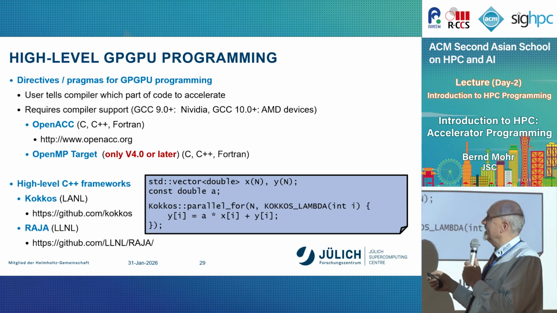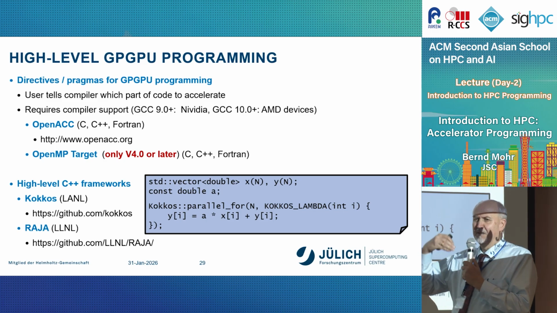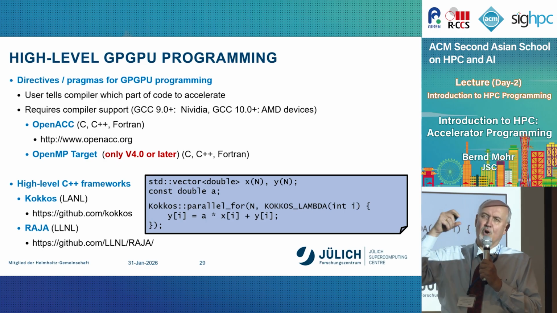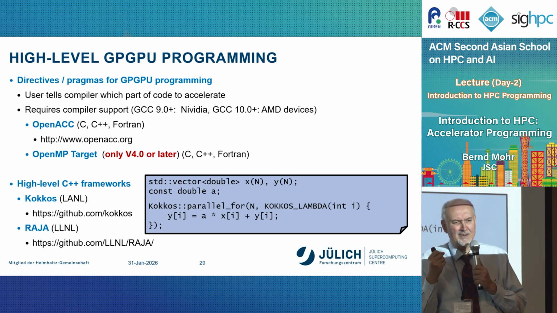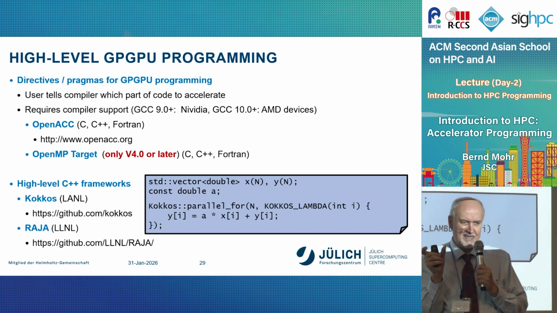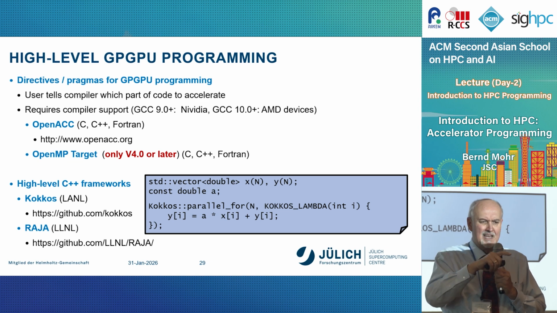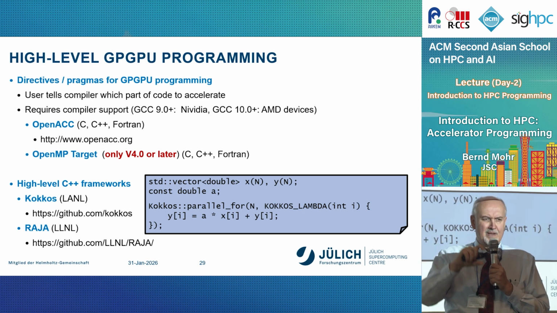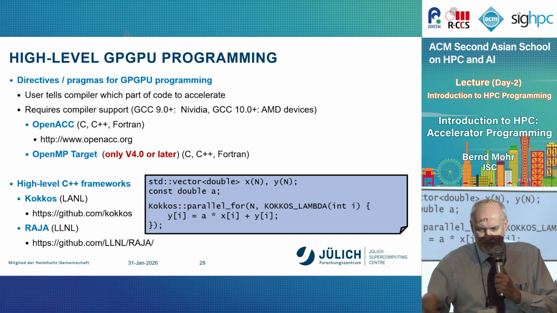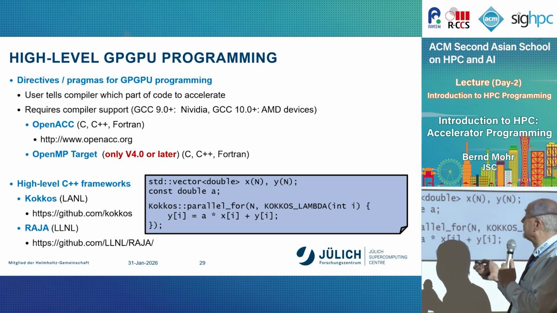So people sat together and produced a standard very much like OpenMP. It's called OpenACC, for Accelerator. It gives you directives and pragmas with which you can tell it to run this code on the GPU, split up the loop onto the different processes of a GPU. It works in very much the same way.